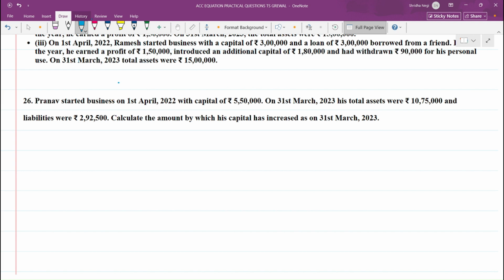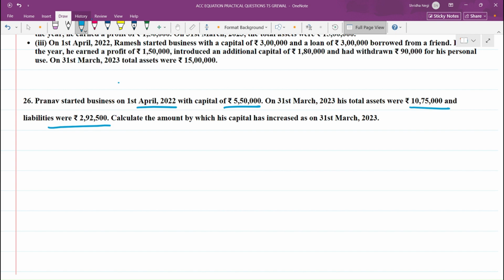Pranav started business on 1st April 2022 with a capital of 5,50,000. On 31st March 23, his total assets were 10,75,000. So this is the opening capital because it is 1st April 2022, and this is the closing assets. And on 31st March 23, his liabilities were 2,92,500.